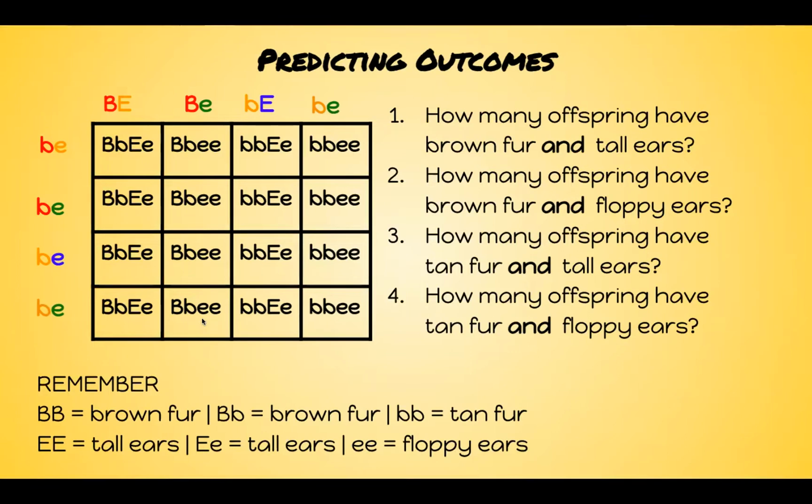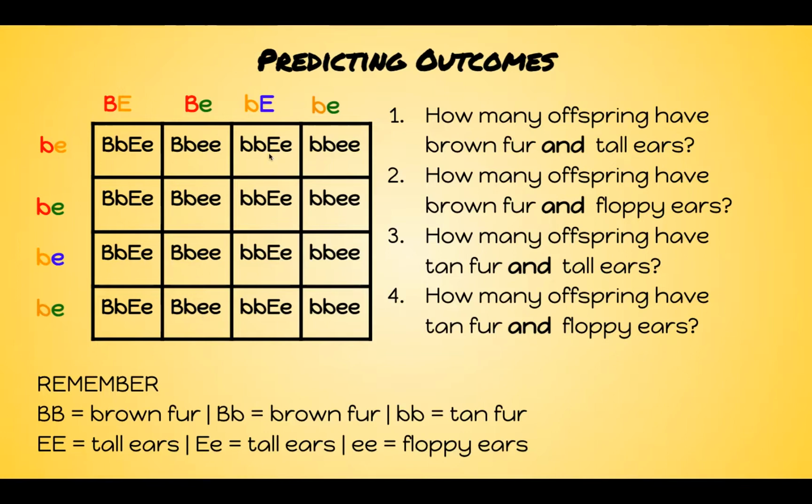Boom, easy. So that is 4, and let's check this next column. So I see tan fur. Well, I can't count that because I'm looking for brown fur and floppy ears. And once again, this has tan fur, so we're not counting that. So we just have 1, 2, 3, 4 with brown fur and floppy ears. I'm noticing a pattern here.